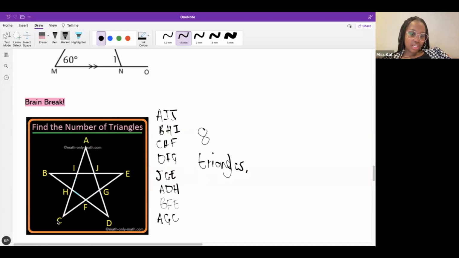CIE. Is that not a triangle? That is a triangle, isn't it? Someone, am I seeing stuff? Please help me here. No, that is a triangle. So we have another one. I'm so confused.